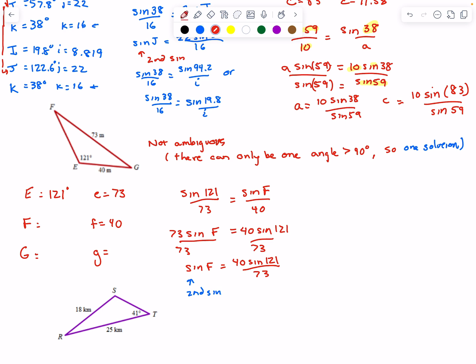Sine inverse. So I'll just write it here. Okay, let me just type that into my calculator fast.